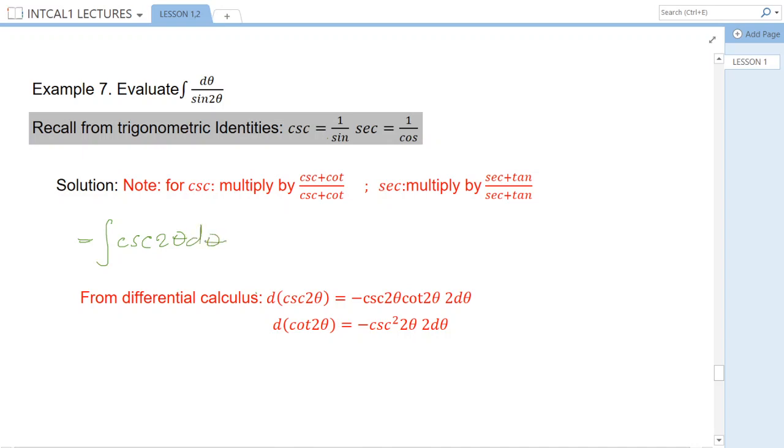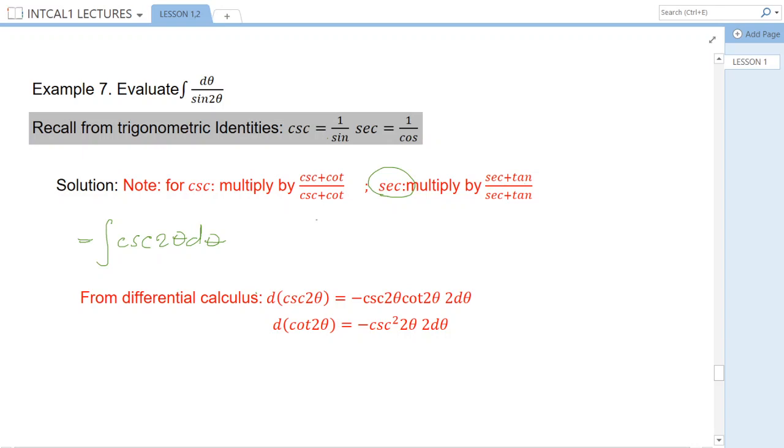For this one, let us just multiply by its conjugate, which is cosecant plus cotangent over cosecant plus cotangent, or for secant, that is multiplied by secant plus tangent over secant plus tangent. So cosecant is partnered with cotangent, whereas for secant, that is tangent.